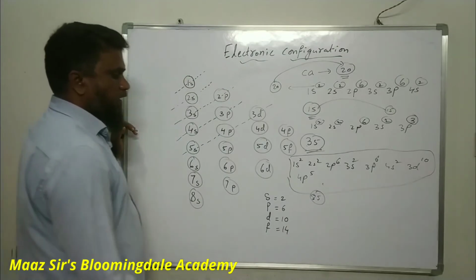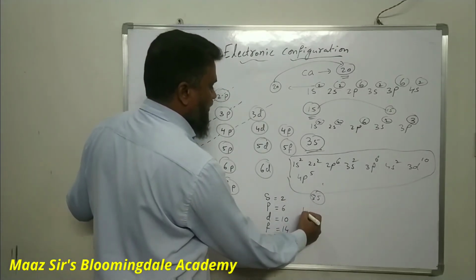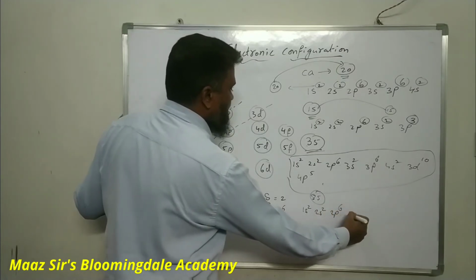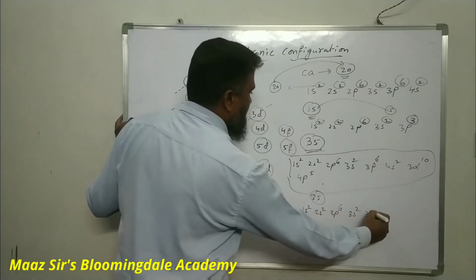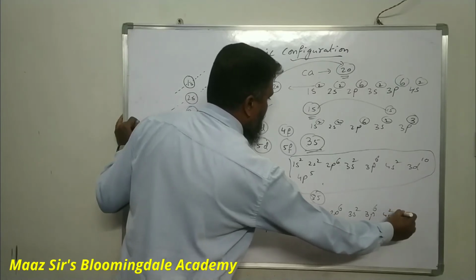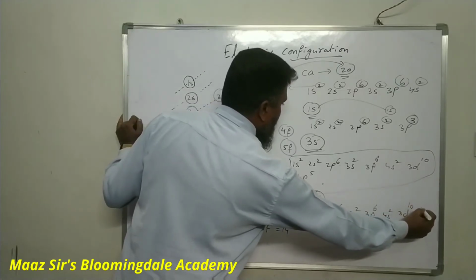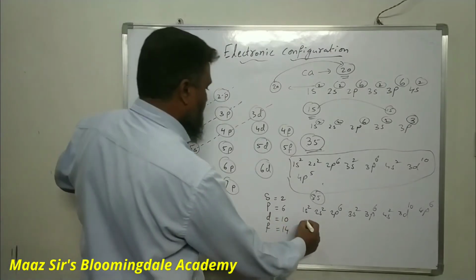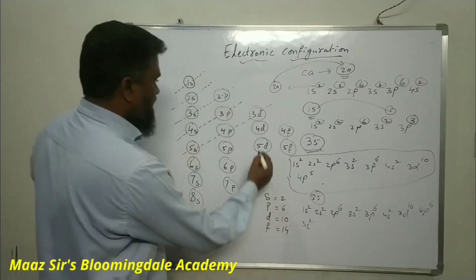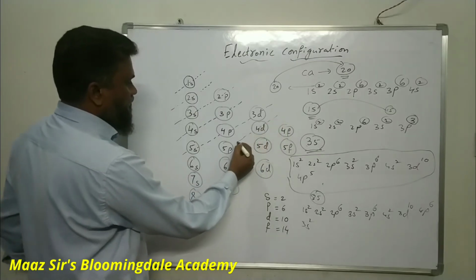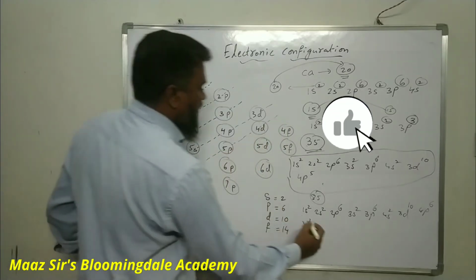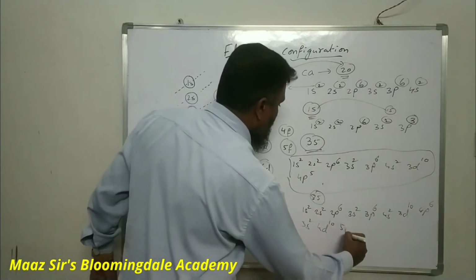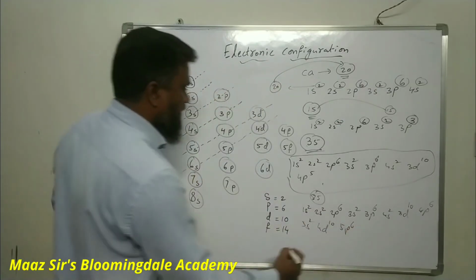Now let us see how to write the electronic configuration of 85. 1s2, 2s2, 2p6, 3s2, 3p6, 4s2, 3d10, 4p6. After 4p6, 5s2. Next 4d10. Then afterward 5p6, 6s2.